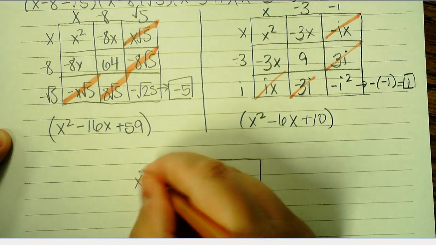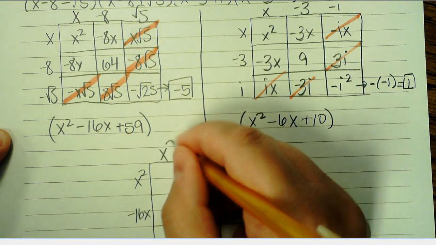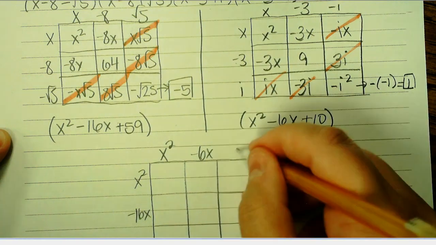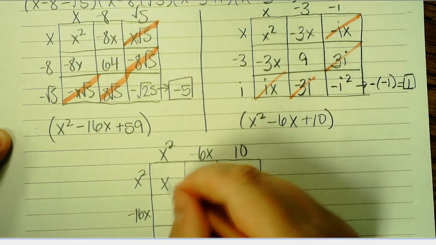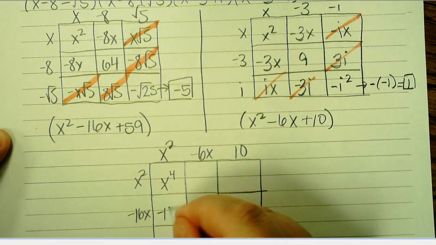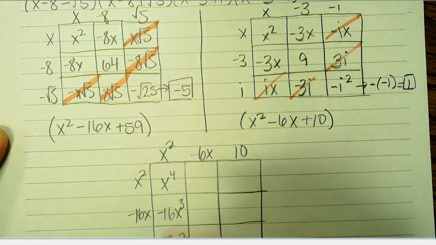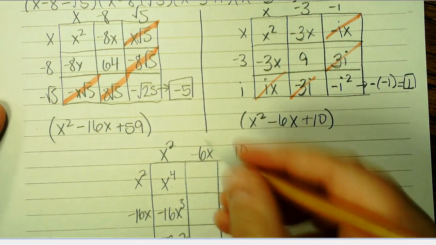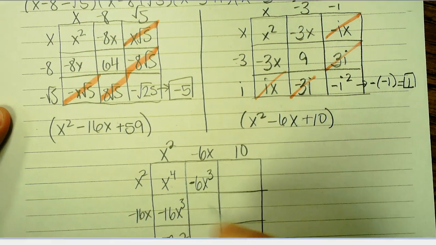So I have x squared minus 16x plus 59. I have x squared minus 6x and then plus 10. This is, whoops, x to the 4th. This is negative 16x to the 3rd. This is 59x squared. Now, nothing should cancel here, so we're going to have to combine some like terms as we go through. This will be negative 6x cubed.